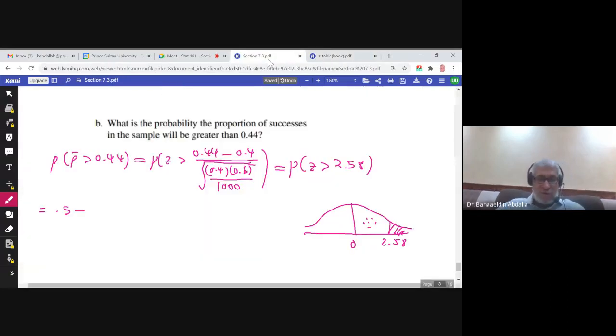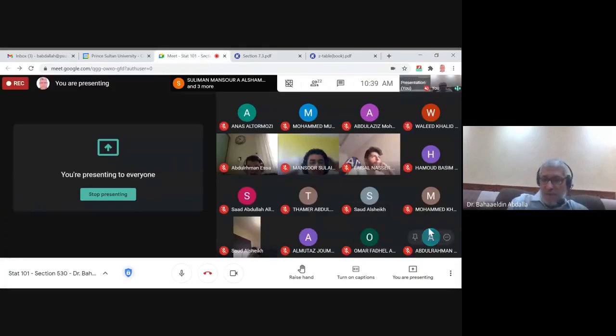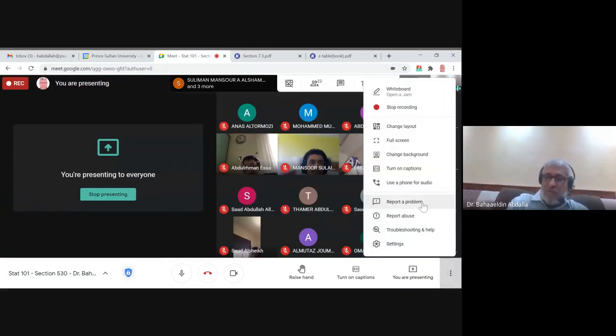So the answer would be 0.5 minus 0.4951, and the probability is 4.9 times 10 to the power negative 3, or if you use shift, you get 0.0049. This is the end of section 7.3 and chapter 7. Next time we will start chapter 8.